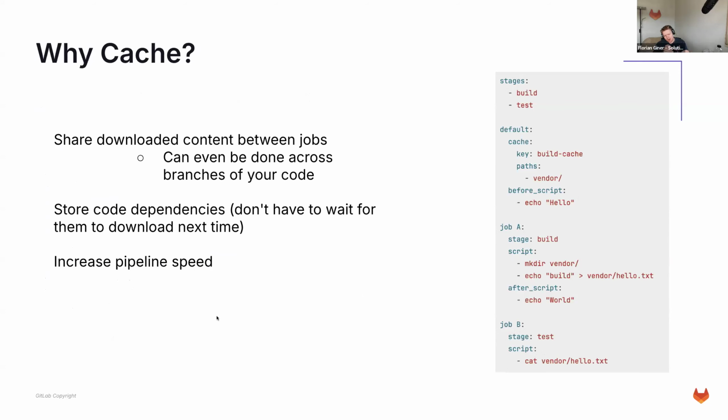So you might be wondering, why would you even use a cache? Oftentimes you might have certain content which you want to share between the jobs. Now, what you could do is you could just download this from any source, or you could build the content from any source in every job.